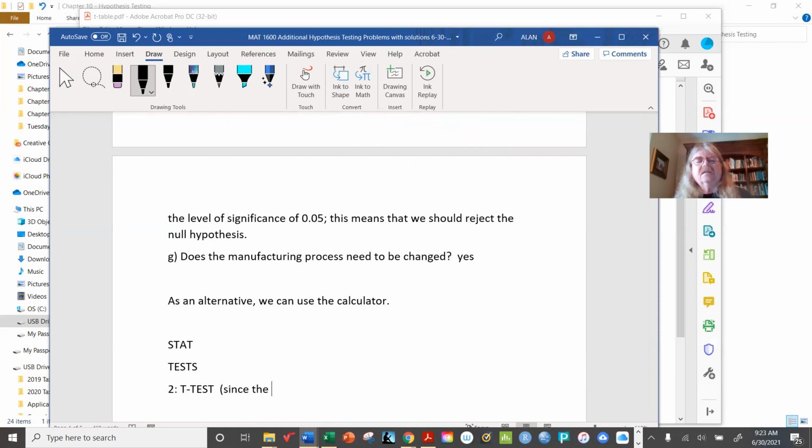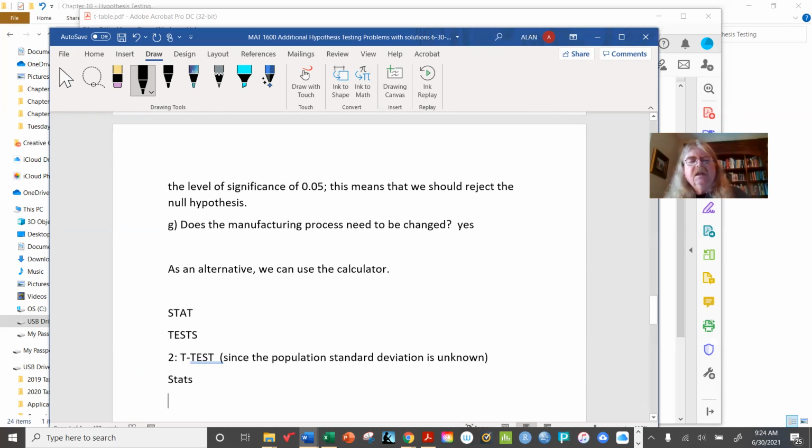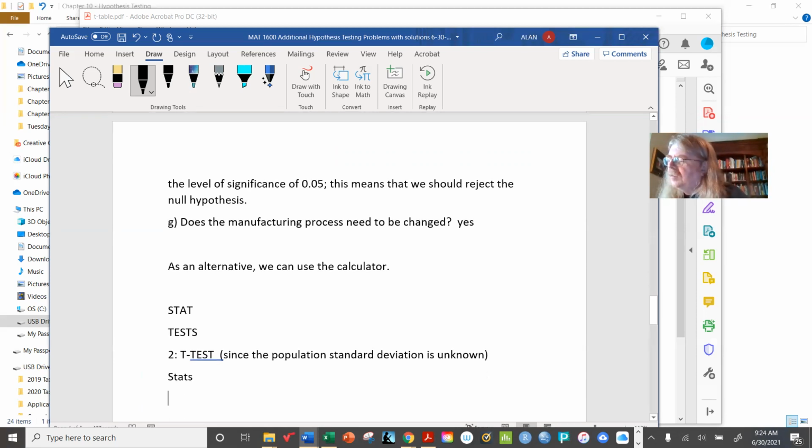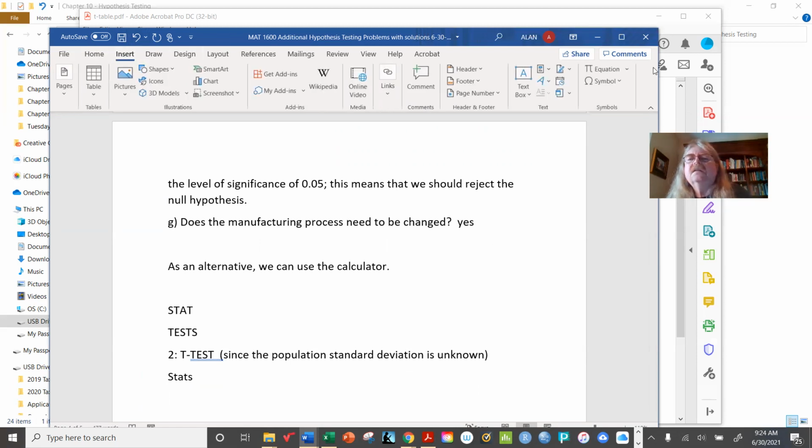And that's because the population standard deviation is unknown. Once you get there, make sure you pick the stats mode. And then it asks you for everything you could possibly want to know. Like, for example, mu0. What they're asking for here is the hypothesized mean.